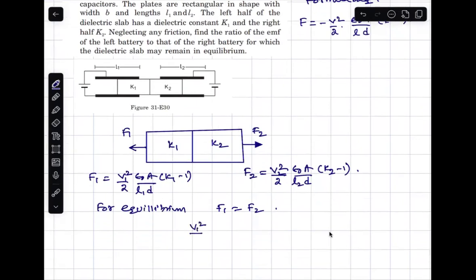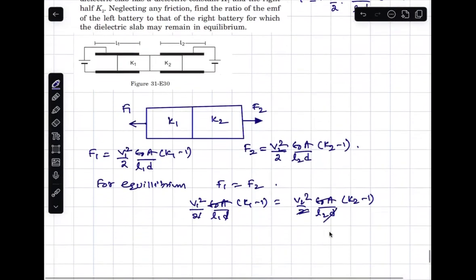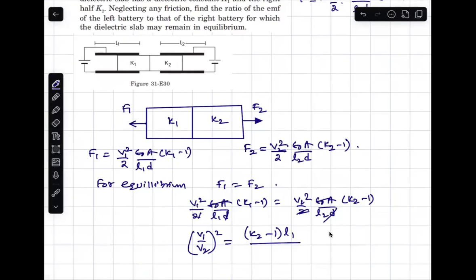V1 square by 2 epsilon naught A by L1D K1 minus 1 is V2 square by 2 epsilon naught A by L2D K2 minus 1. Epsilon naught A, D cancel, 2 cancel. By the way, V1 by V2 whole square is K2 minus 1 times L1 by K1 minus 1 times L2. That's the condition. And just identify if anything else I missed in that.